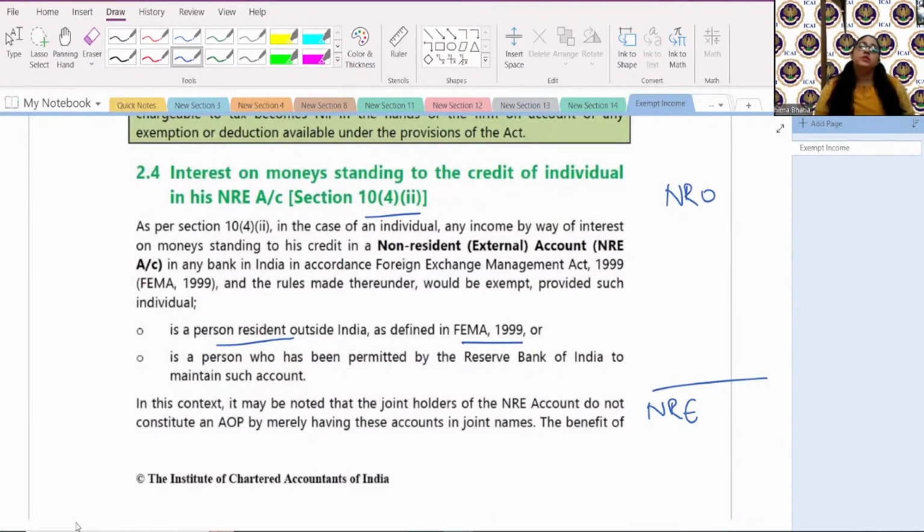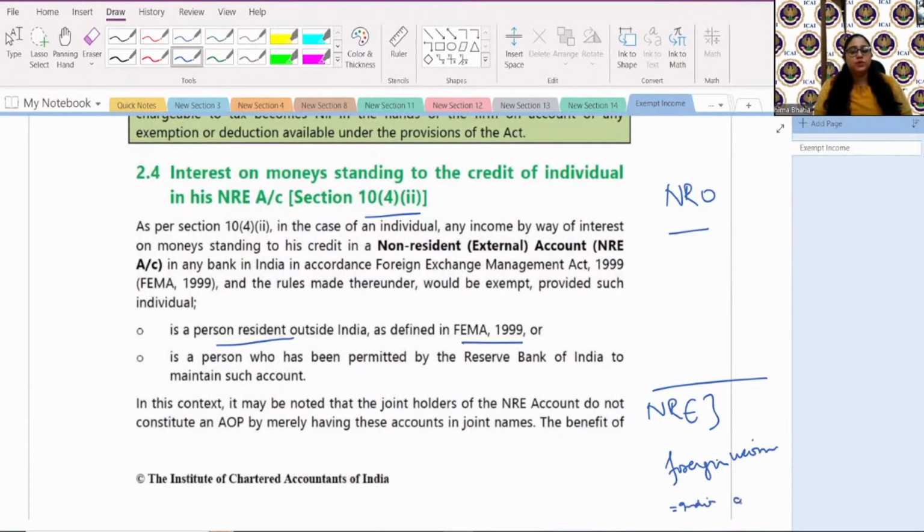An NRI who comes to India, they're Indian, they do not open a general saving account, they open an account which is called an NRO account. And the same NRIs open an NRE account, which is a non-resident external account, to park their foreign incomes which have accrued outside India, which are not taxable in India, in Indian currency.